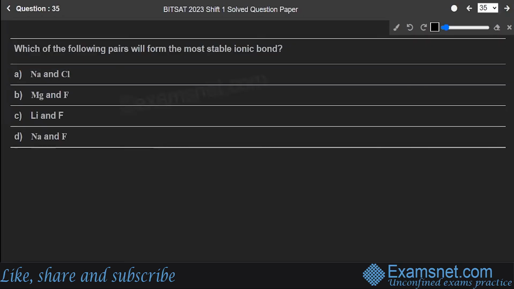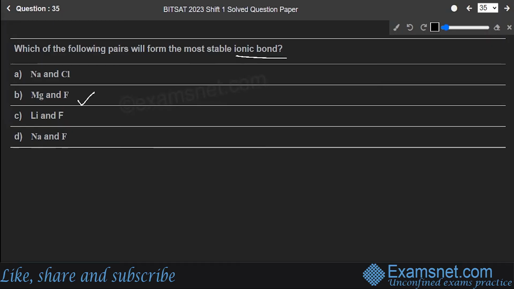Next is question number 35. Which of the following pairs will form the most stable ionic bond? Na and Cl, magnesium and fluoride, lithium and fluoride, sodium and fluorine. So see, among all of them, I think option B, magnesium and fluorine, is the correct answer.